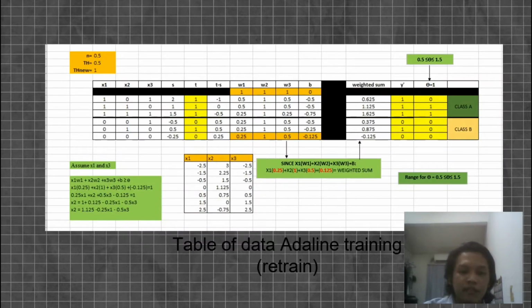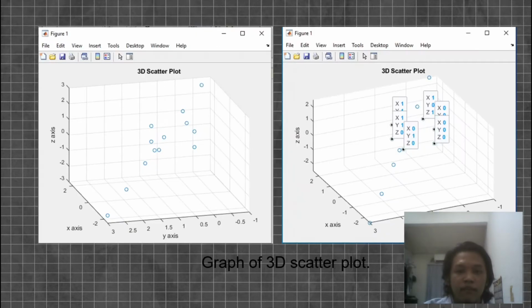For the next part is the table of data of Adaline training, which has been retrained. You can see a different version of it, which also matches the 3D scatter plot graph from MATLAB that has been retrained, which is different from the previous one.